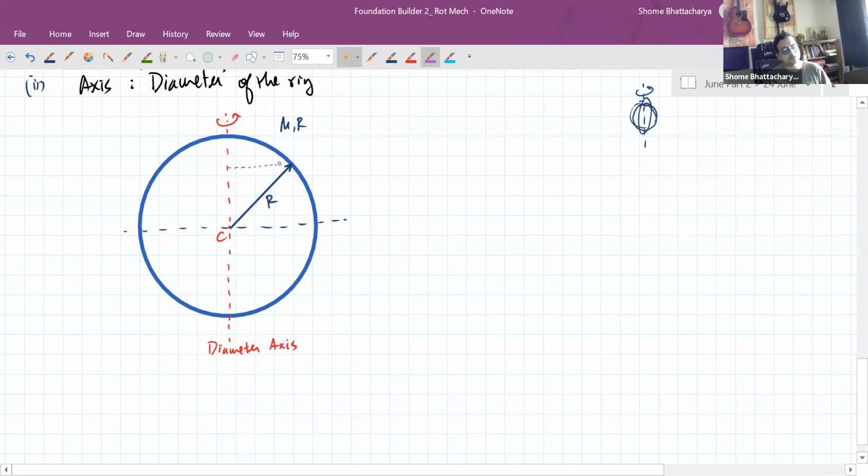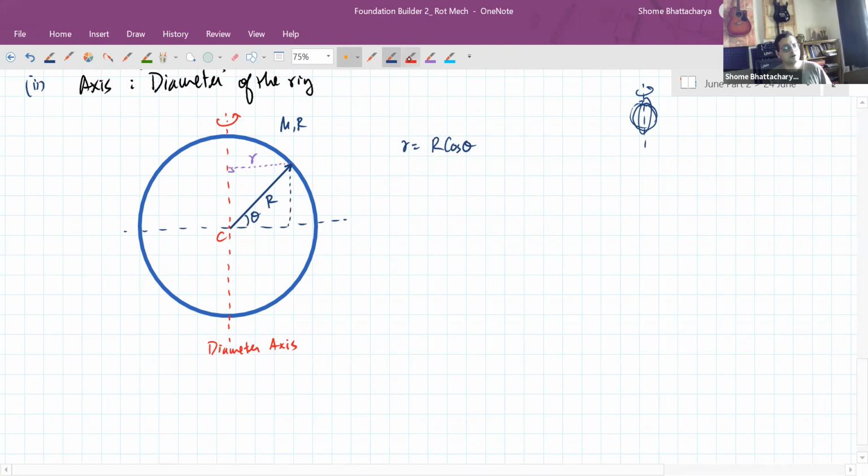This is the perpendicular distance, so this is our small r. If we take this angle as theta, for a particle at a position theta, the small r is equal to how much? It is capital R cos theta. You can see in this triangle, it's the base.